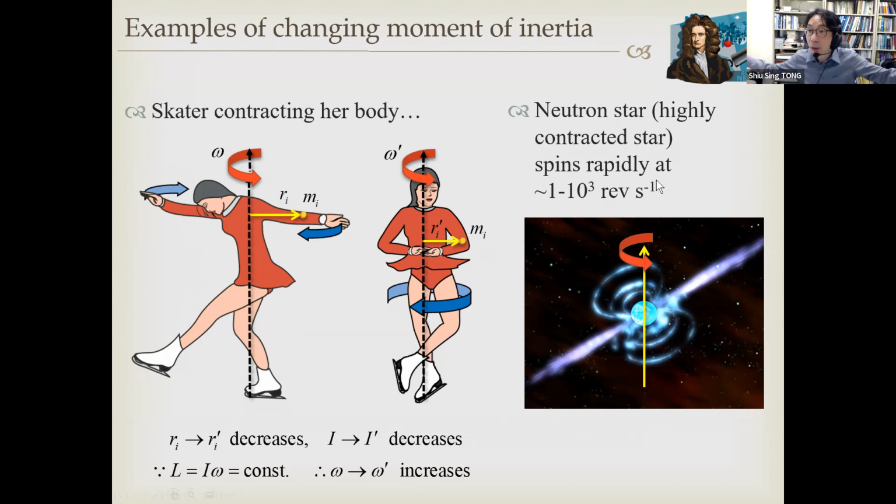So you see, it contracts a lot. The sun is about 100 times larger in diameter than the Earth, right? And Hong Kong is such a small place on Earth, right?